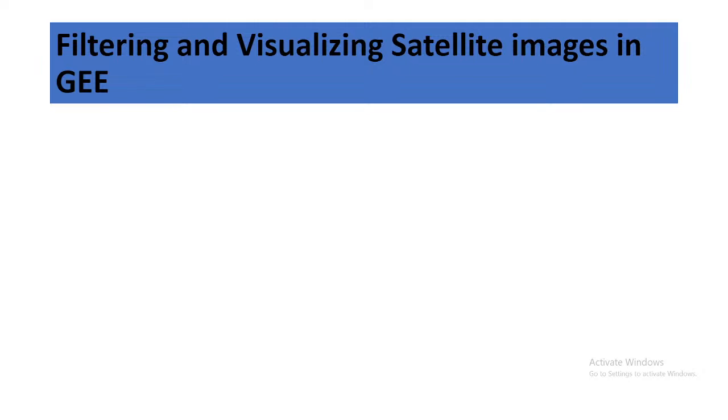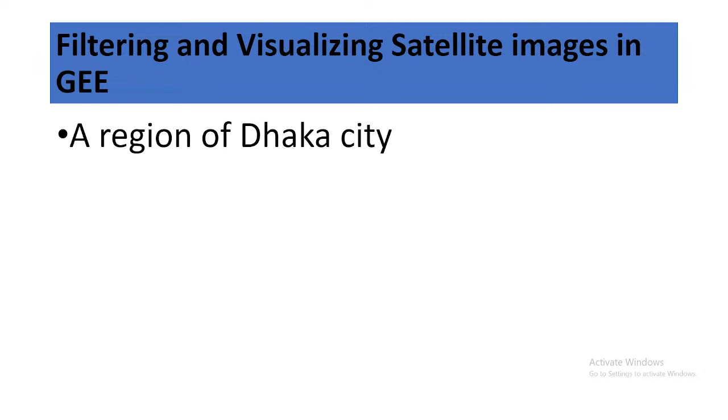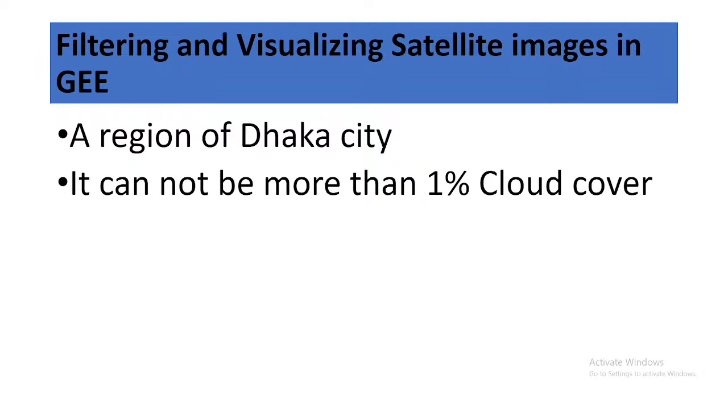One factor is called the region. Suppose for which region you need this satellite image, so it's very important. So the first factor is the region. The second factor is called the image metadata. Suppose I need only images with not more than 1% cloud cover. So it's another factor for filtering.